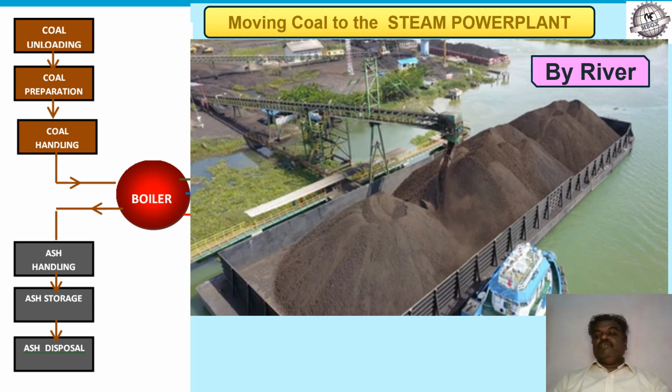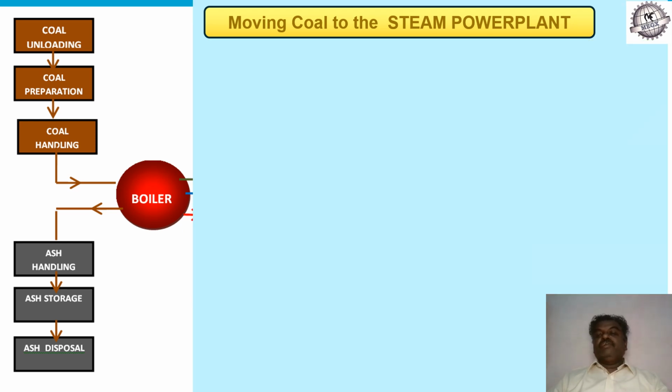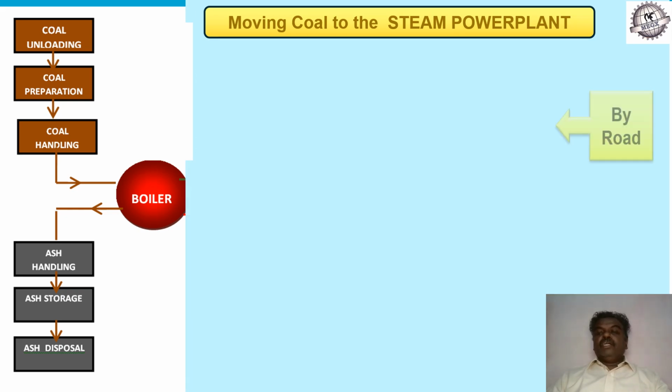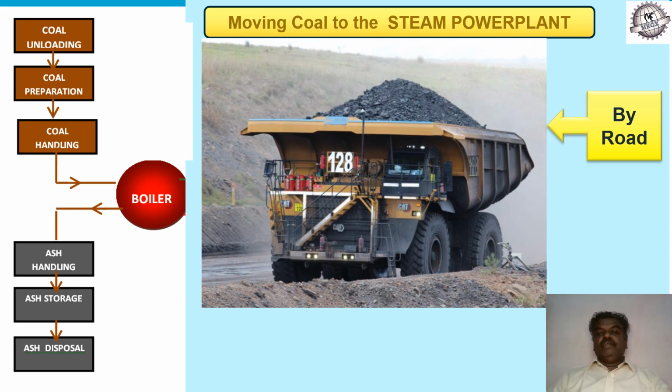And if a sea facility or if a river network is not available, you can move the coal by means of trains. And if the power plant is located closer to the mines, you can move the coal by trucks. So this is how you move huge quantities of coal to the power plant premises.